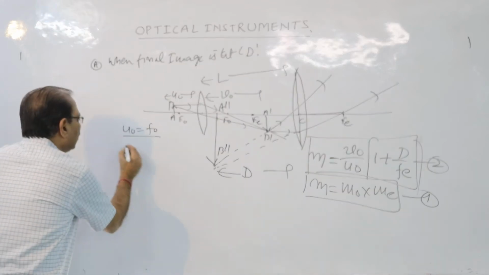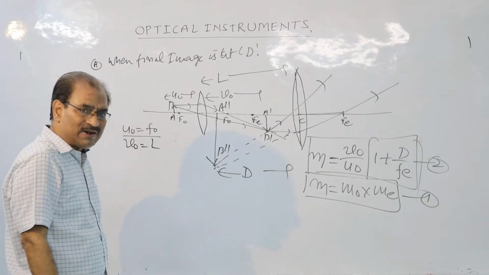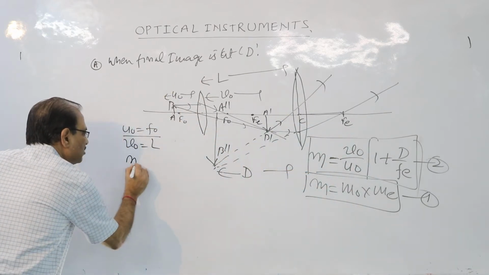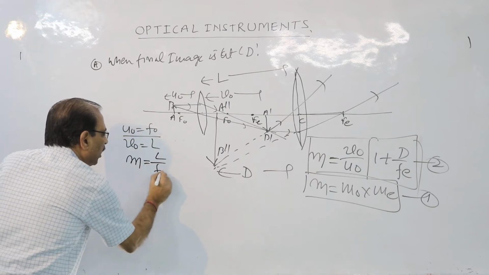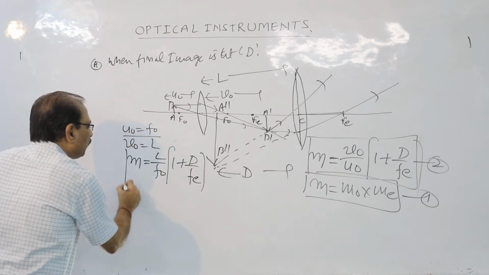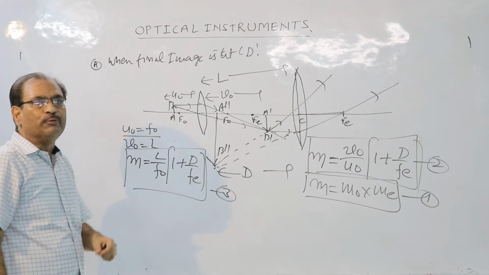So in that event, VO will be equal to L. For that specification, this formula will be modified as M is equal to L upon FO into (1 plus D divided by FE). This is another important formula from the point of view of numericals.